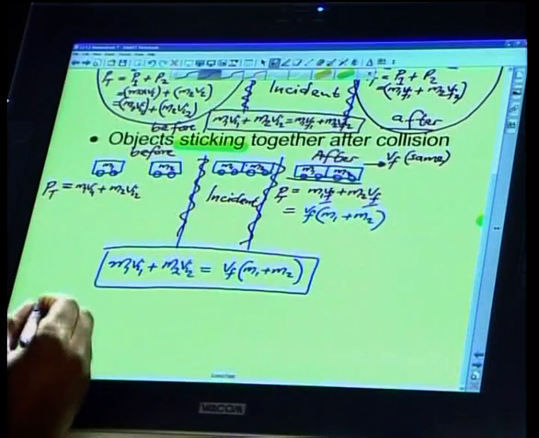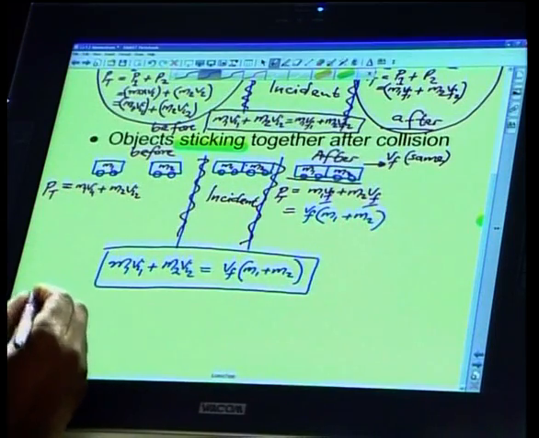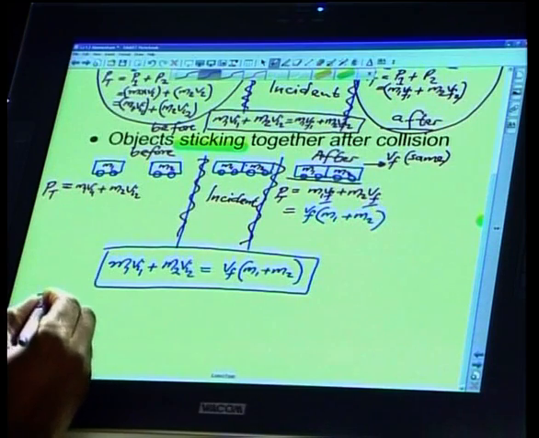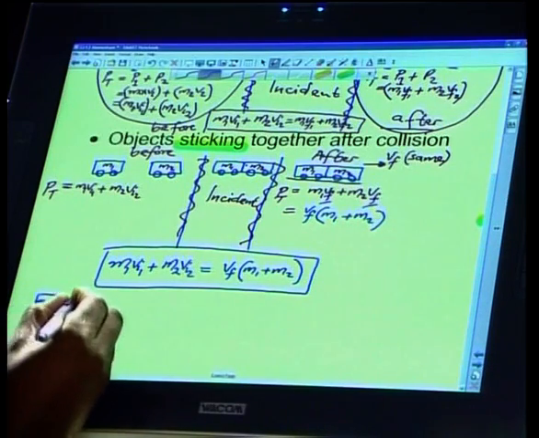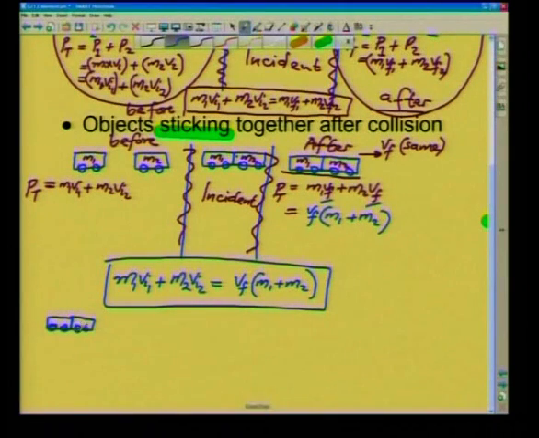Now we can have a situation where objects were together in the beginning. Say those are the two trolleys, together in the beginning. But something happened, an explosion.